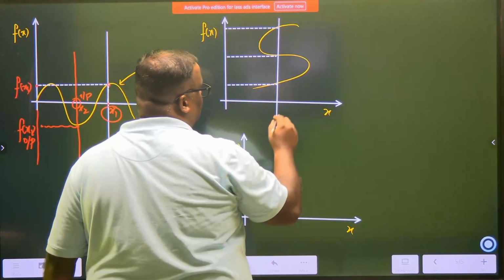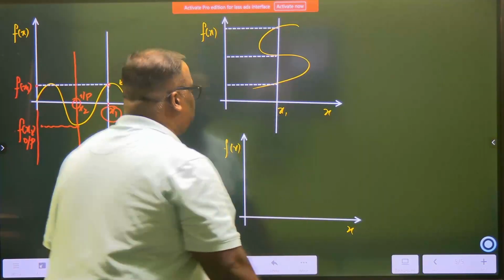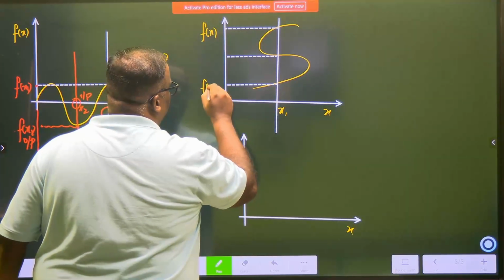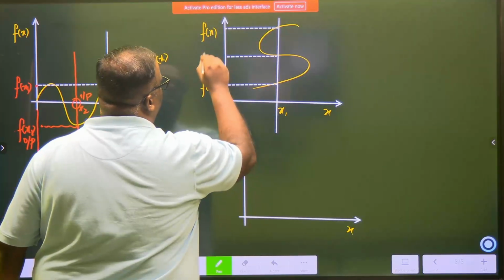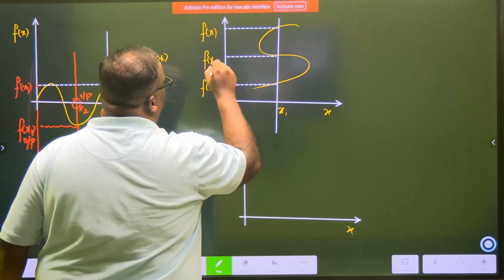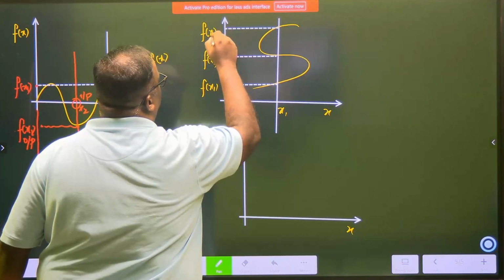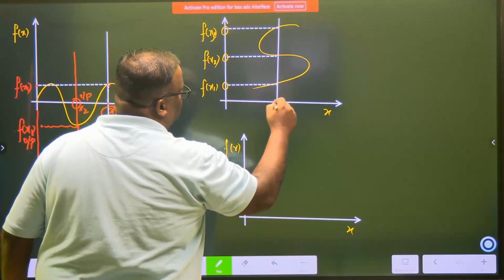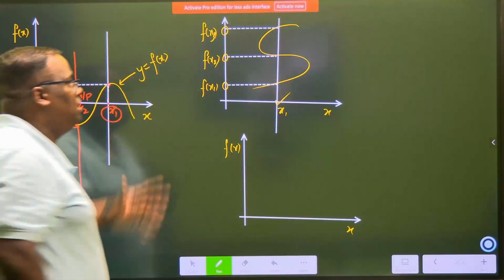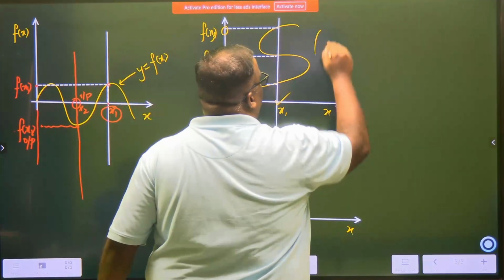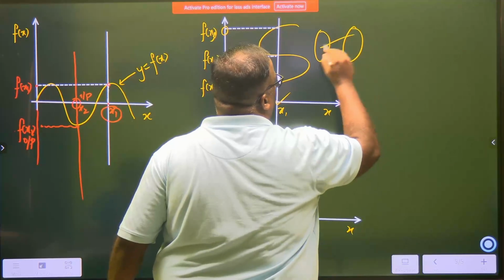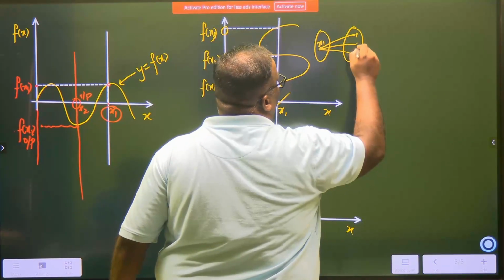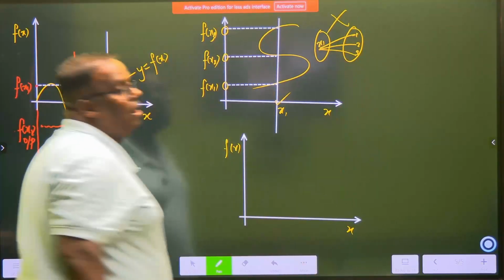Now see, for x1 as an input, you are getting an f(x1) out here. You have an f(x2) output. Let's say this is f(x3). You're getting 3 different outputs for the same input. If you see it in the Venn diagram, it is something like this. For a single x1, you are getting 1, 2, 3 different outputs. This is not a function.